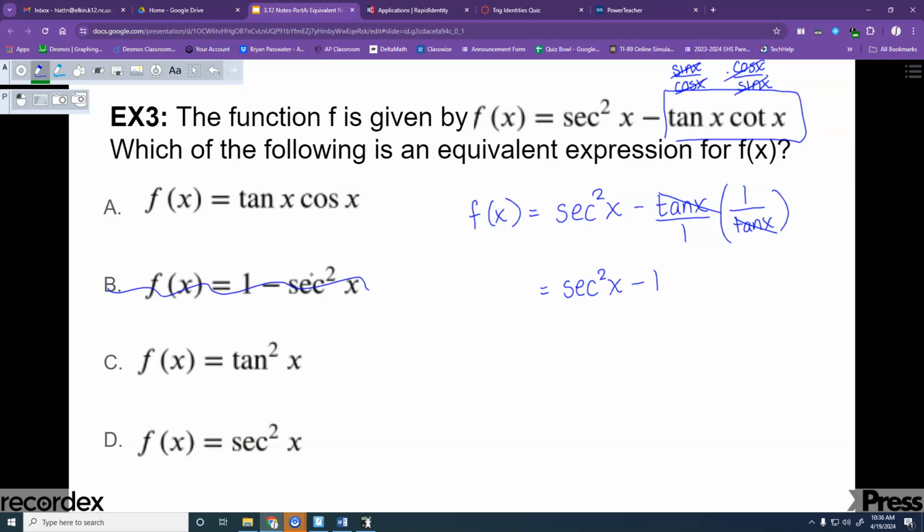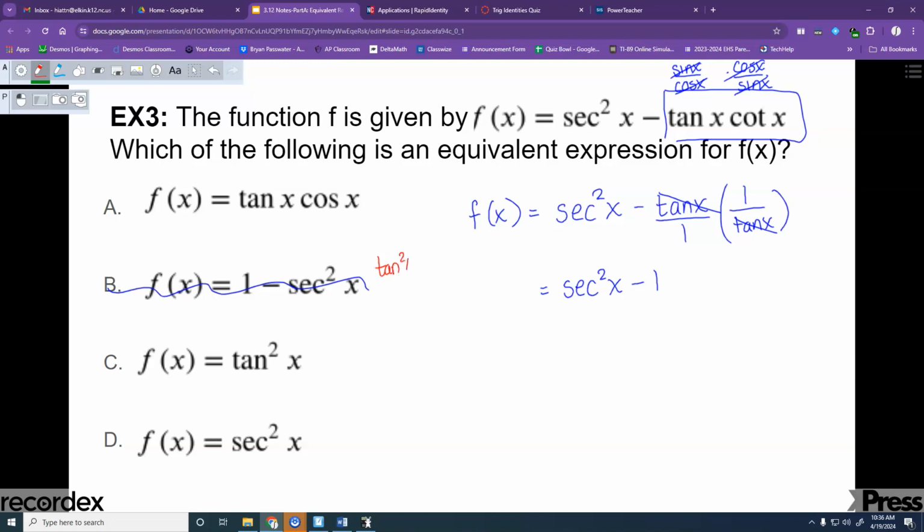Okay. Now, secant is squared, and when things are squared, it makes me think of those Pythagorean identities, which you guys don't have memorized yet, but you have the sheet right there. Do you see a secant squared anywhere on those Pythagorean identities? Which one is it? Let's write.